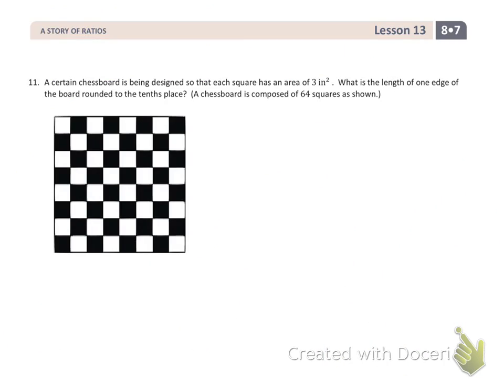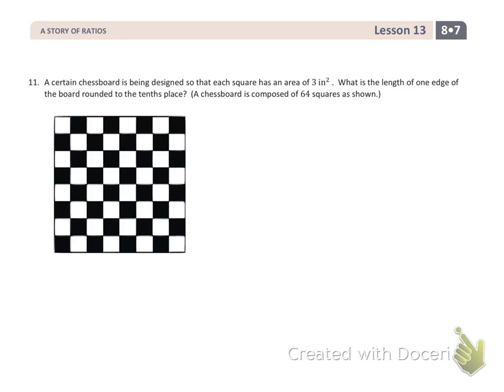All right, last problem is number 11, and this might be a bit of a challenge too. Let's read it. A certain chessboard is being designed so that each square has an area of 3 square inches. What is the length of one edge of the board rounded to the 10th place?